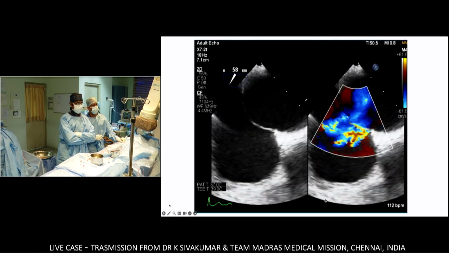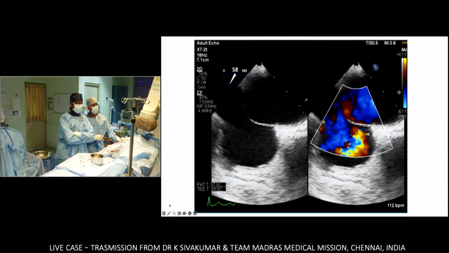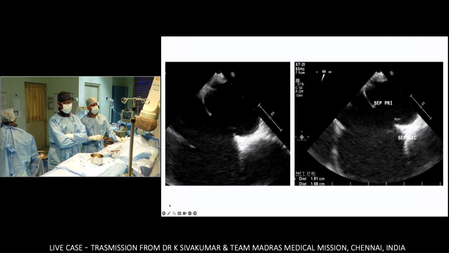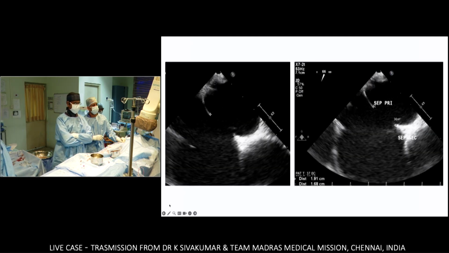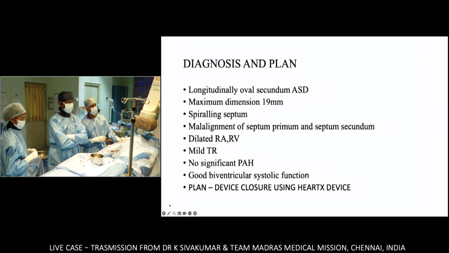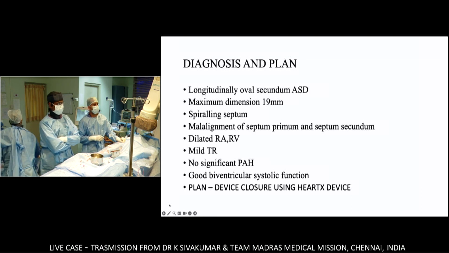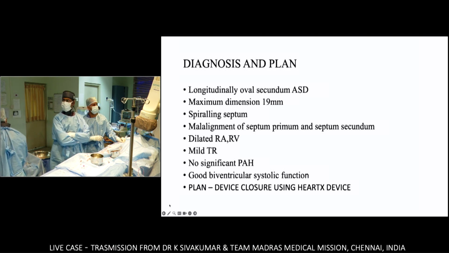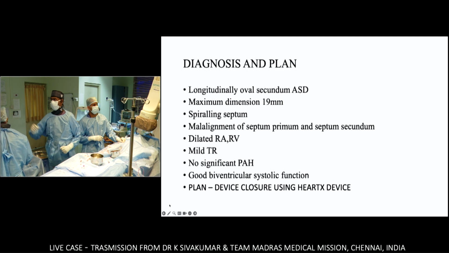This is called the malaligned atrial septum or the spiraling atrial septum. So final dimensions: it's a 19 millimeter ASD which is longitudinally oval, with a spiraling septum with malalignment of the septum primum and secundum. RA and RV volume overload is there with mild TR and no significant PAH.